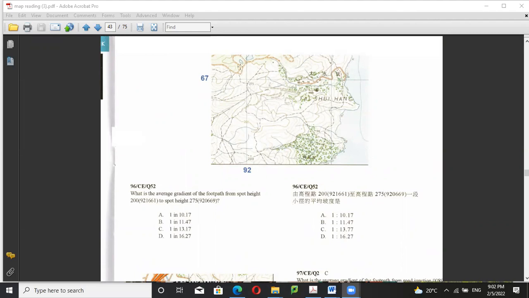The vertical difference refers to, again, 1 to x, and x equals horizontal over vertical. So first of all, we have the vertical first. Vertical is quite straightforward because it's just 275 minus 200, which should be 75. How about the horizontal?